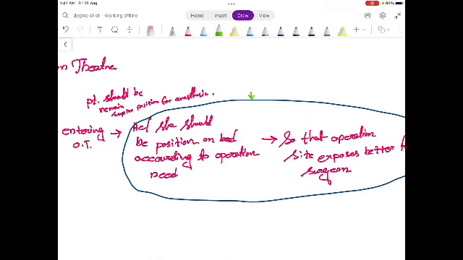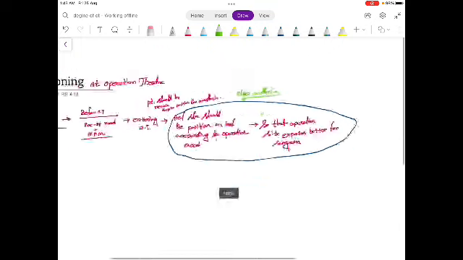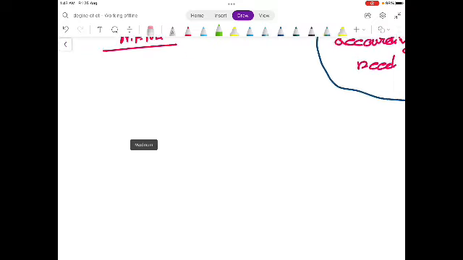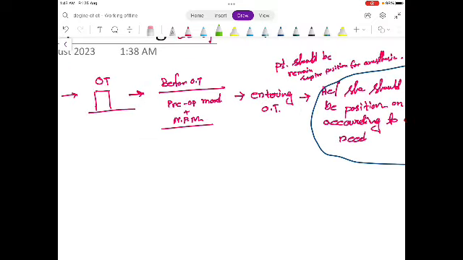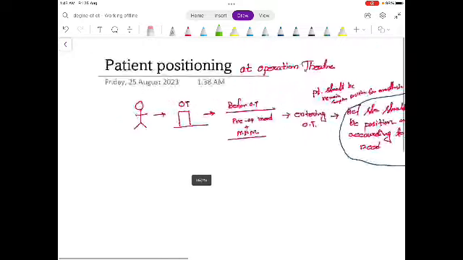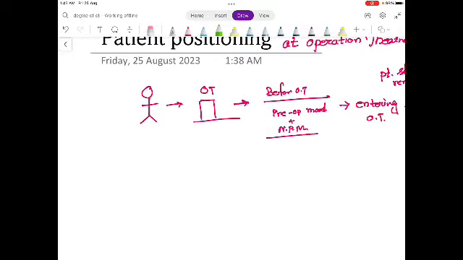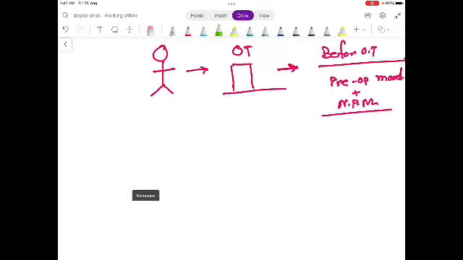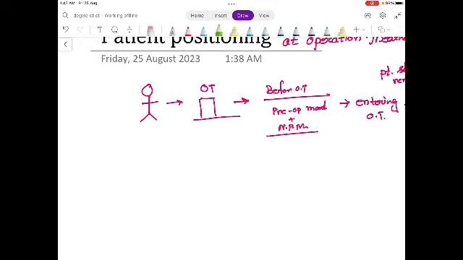So all the procedures are done after anesthesia, right? So this is the procedure we have done after anesthesia. So how many positions are we doing? Let's take a look at the positioning done in OT.